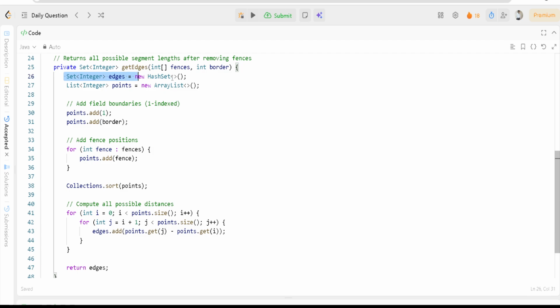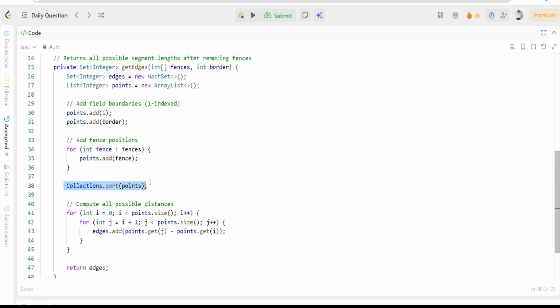For that you need the edges and the points, and you add the boundaries. It is one-based, so you have to add one, not zero, and then you add the border that we have been given. Once you add the fence positions, you keep adding the points for the fences.